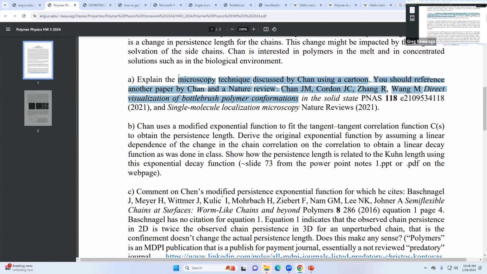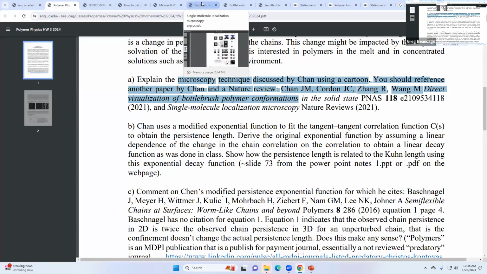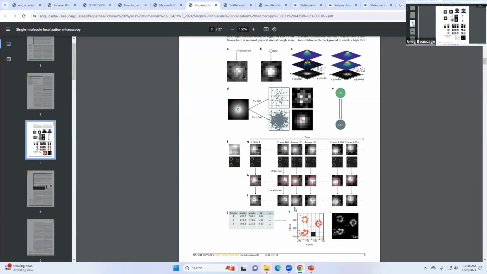So take a look at what he says, and then basically you tag the thing fluorescent, and when it's going to be a spot, it's something really connected together. It's kind of single molecule, I don't know.